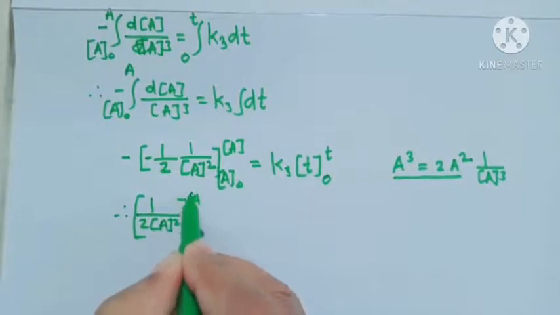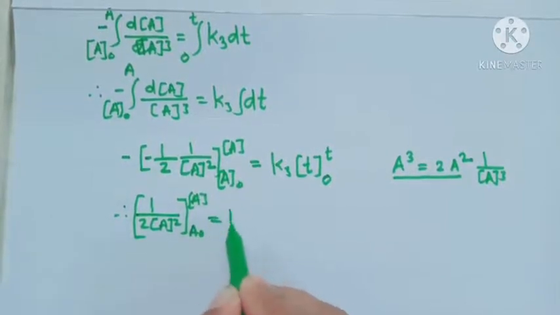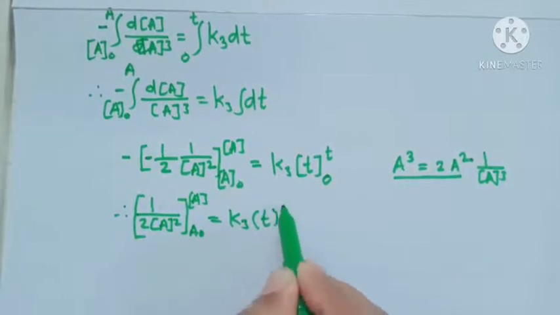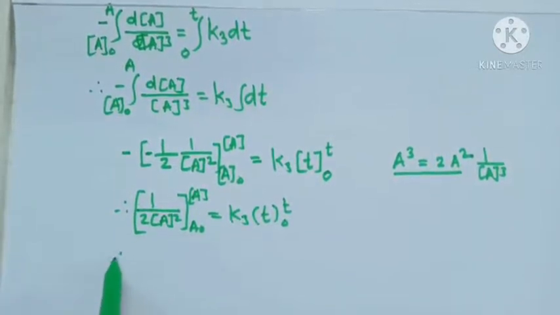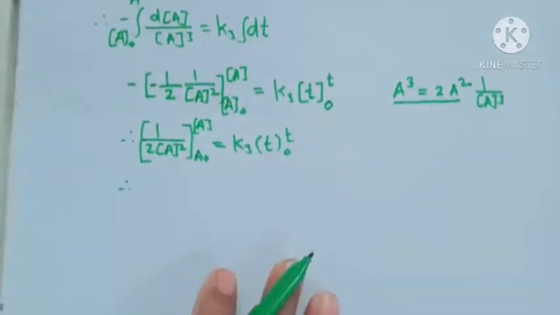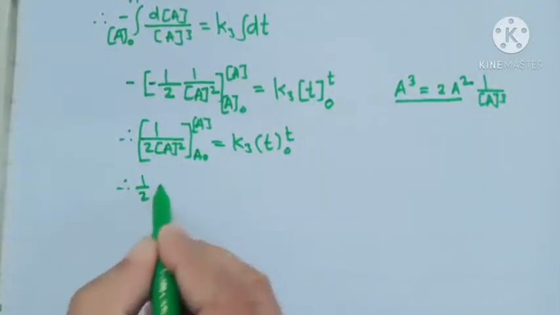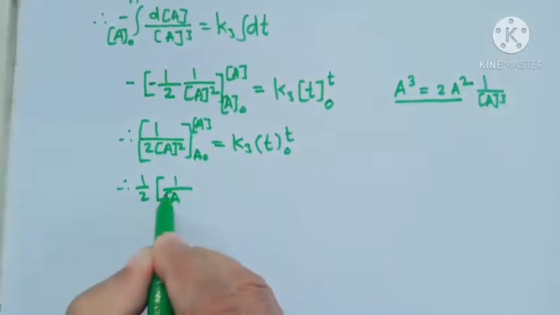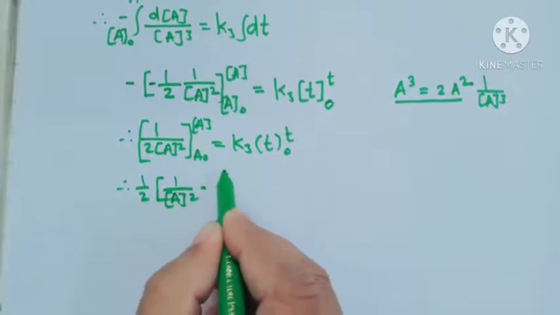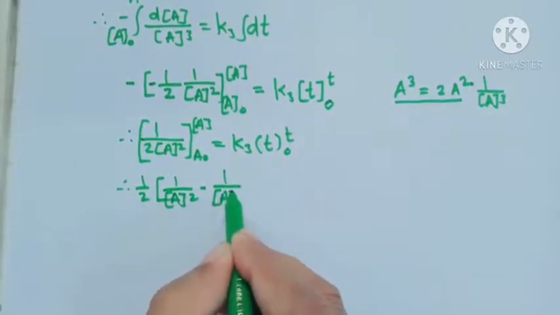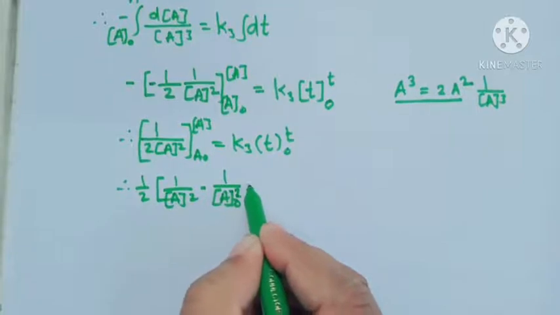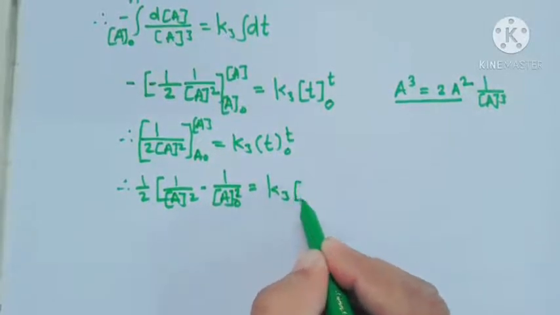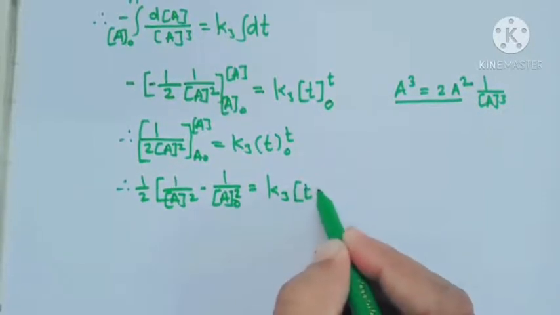a0 to a is equal to k3 t, 0 to t. Therefore, we will get half multiplied by upper limit 1 upon a square minus lower limit 1 upon a0 raised to 2 is equal to k3, upper limit is t, lower limit is 0.